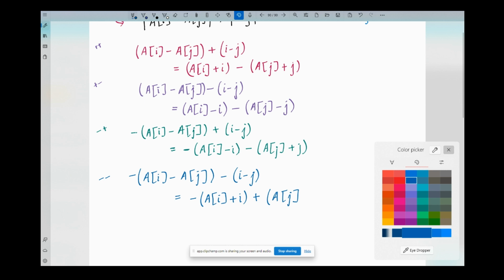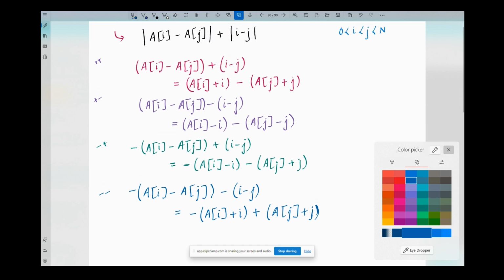This also becomes positive, so plus of j. I think we did this incorrectly because we already have a negative here. When we expand this, this becomes positive, but in our expression here, we have negative. Let's fix this.